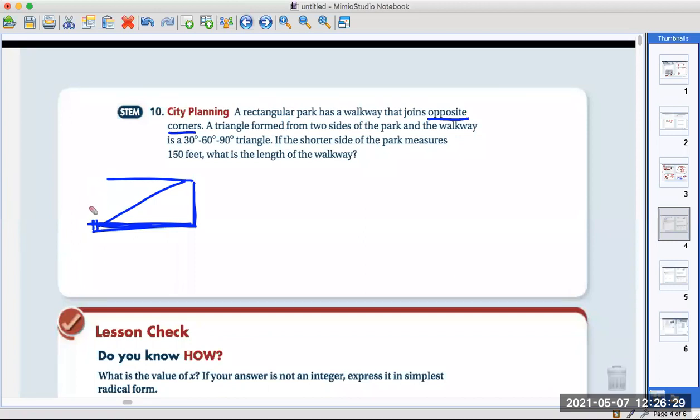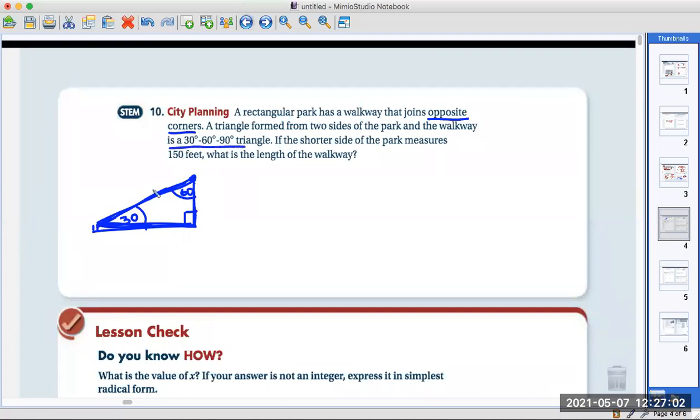So I know that it's talking about this right triangle right here. Remember, diagonals on a TV measure the size of the TV. It's all about making these right triangles. A triangle formed from two sides of the park and the walkway is a 30, 60, 90 triangle. So I'm going to put that in here.